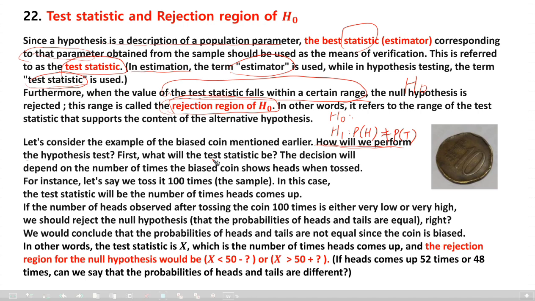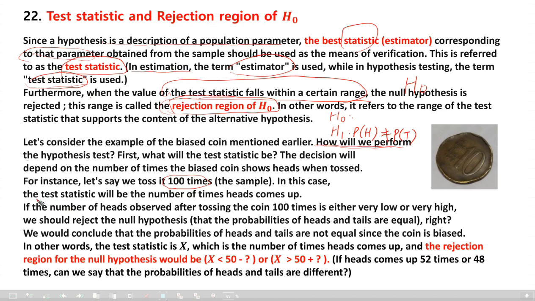Then you will decide whether it is biased, so that the two probabilities are not equal, or equal. So, for instance, let's say we toss 100 times. It's simple: you toss 100 times, and the coin results in tail, head, something like that.